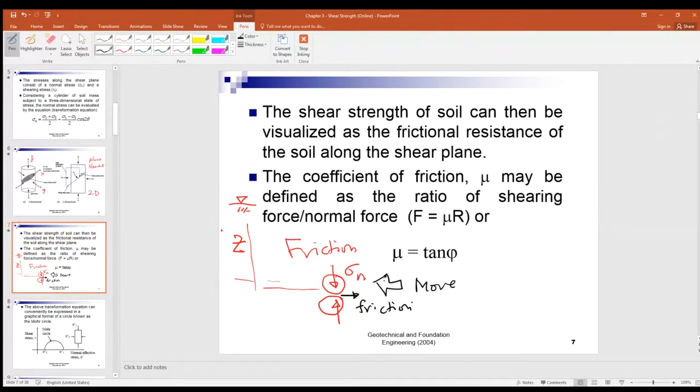Now, in very basic mechanics, we know friction is equal to what? Mu times the normal force. Sigma n is the normal stress.